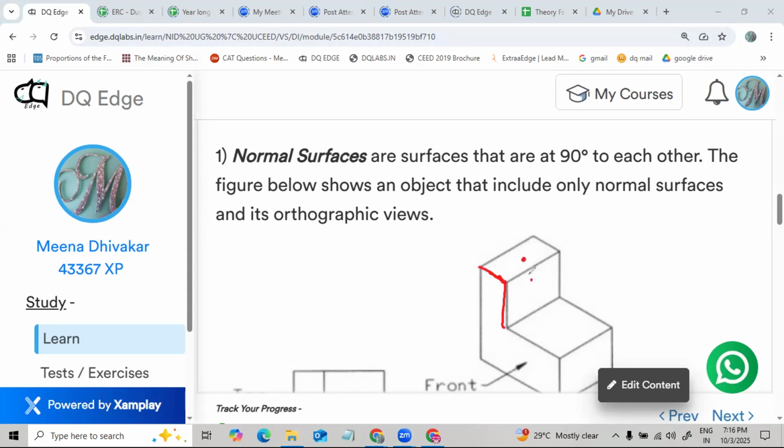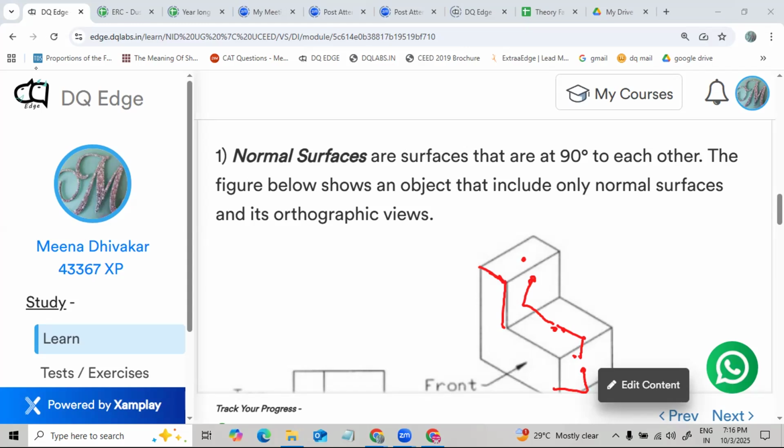See, when I say this to this, it will be 90 degrees to each other. This to this, 90 degrees again. From this to the bottom, 90 degrees again. Whatever surfaces we take, you will get 90 degrees to each other. Do you agree? Yes, ma'am. Great.